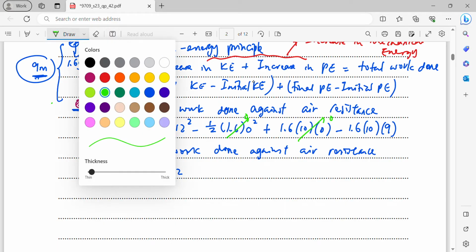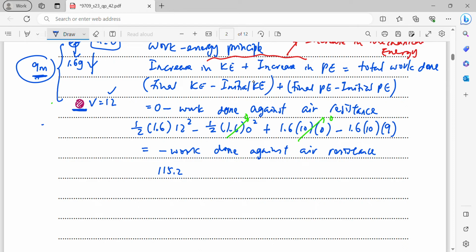The fourth term, when you calculate, you will get negative 144. Now we need to get the work done, but there's a negative there, so I will move the negative to the left hand side. That means it's basically the negative of the subtraction equals work done against air resistance.